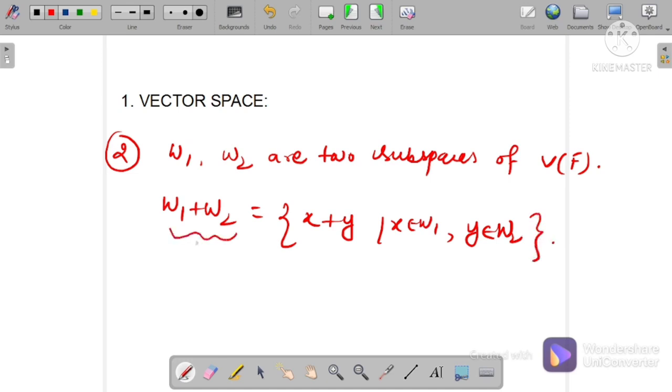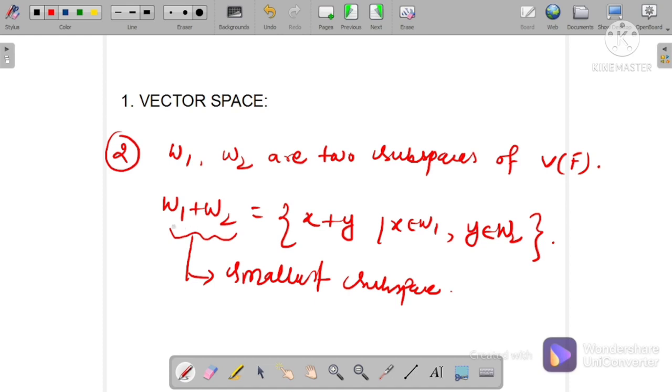This subspace W1 plus W2 is the smallest subspace of vector space V which contains W1 and W2.